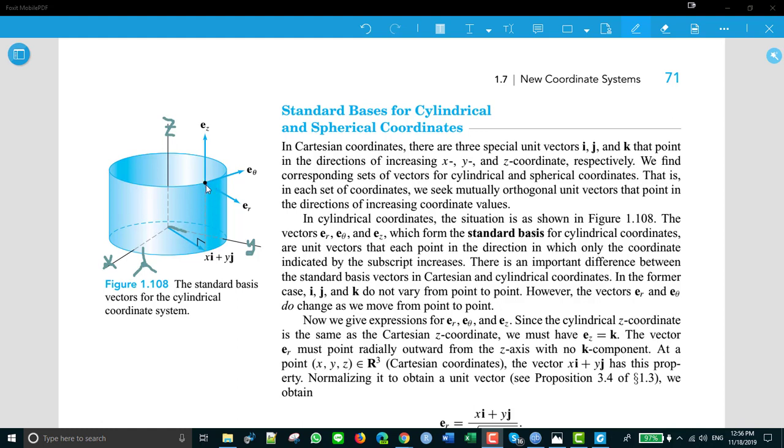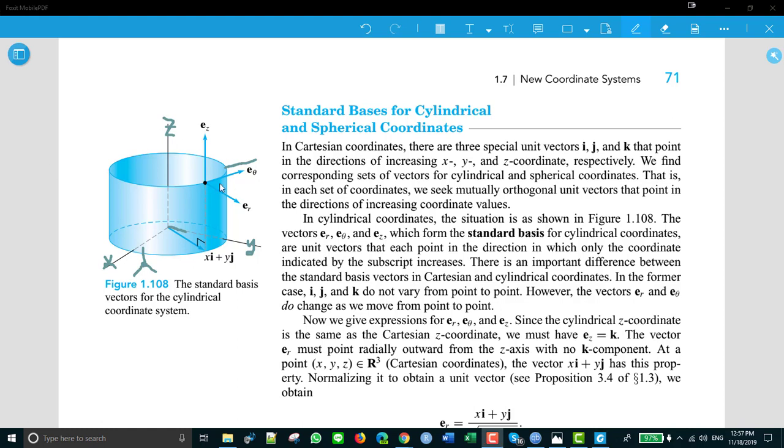Remember, this is the r direction, so it's here. But of course, if we were at this point over here, then it would be like that, right? It wouldn't be the same direction. So now the direction of increase in r depends on where we are. The increase in z does not depend on where we are, but the increase in r does.